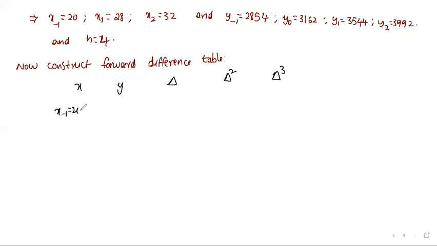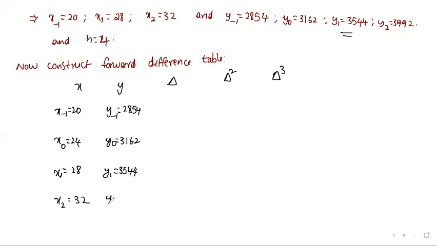X minus 1 is equal to 20, x0 is equal to 24, x1 is equal to 28, x2 is equal to 32. Y minus 1 is equal to 2854, y0 is equal to 3162, y1 is equal to 3544, and y2 is equal to 3992. Right, the first difference, del y minus 1 is equal to 308. This one minus this one.